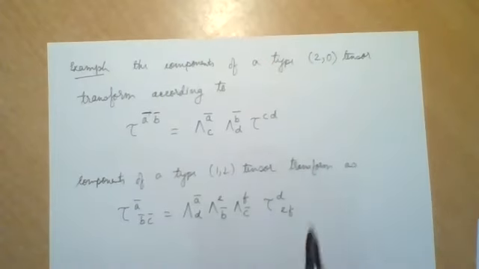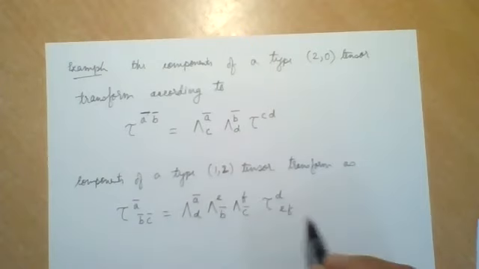So this is how the components of a type 1-2 tensor transform under a coordinate transformation.